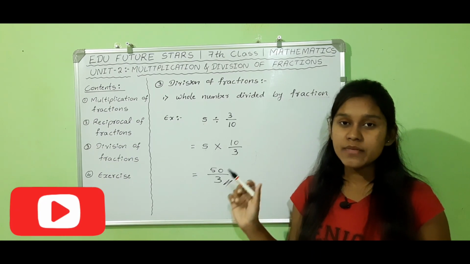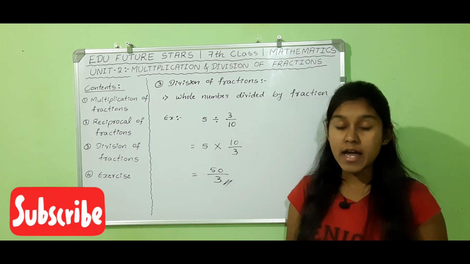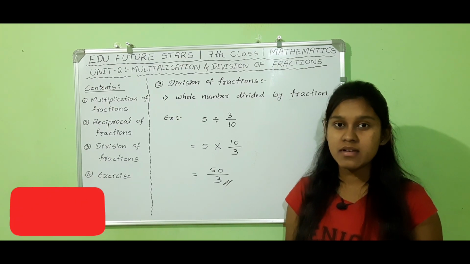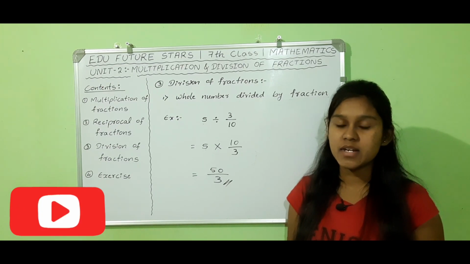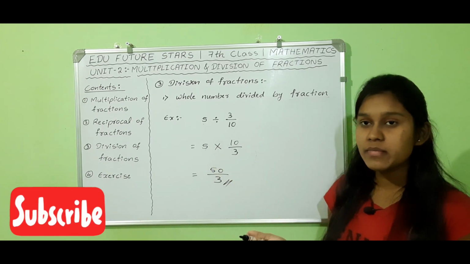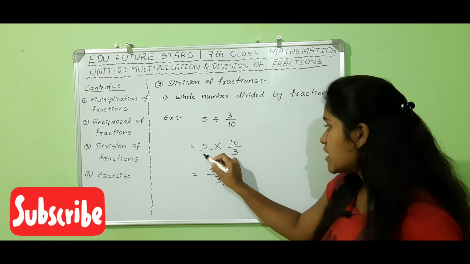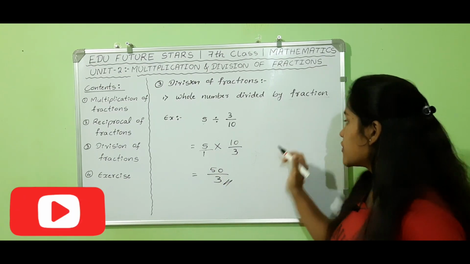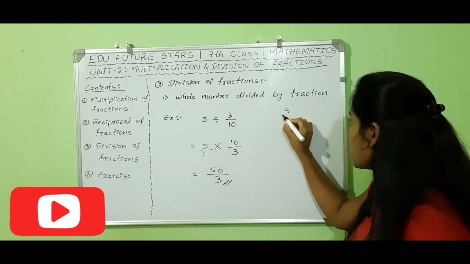See friends, how can we use the multiplication symbol and also how can we take the reciprocal? Is there any step behind it? Yes, there is a step behind it. I'll show you now. This is 5, a whole number, right? So if there is nothing in the denominator, we can assume that it is 1, right? So let me write it, 5 by 1.